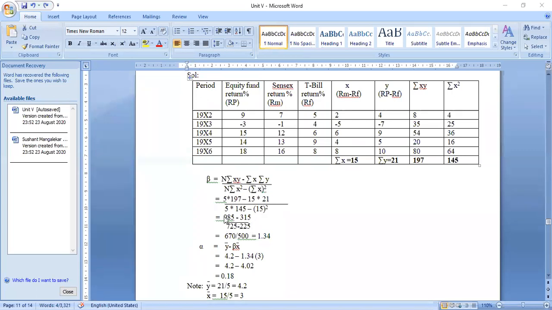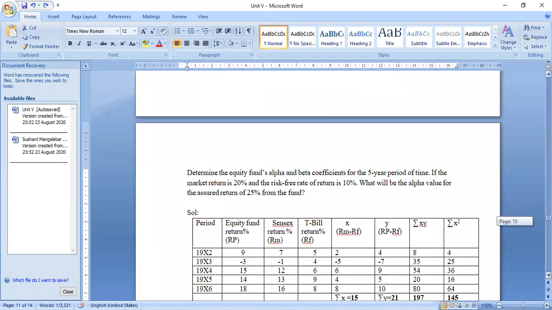Once we simplify the numerator and denominator, 985 minus 315, we get 670, divided by 725 minus 225, which is 500, that is equal to 1.34. Now we have calculated the value of beta as 1.34. In the question we are asked to calculate alpha and beta.